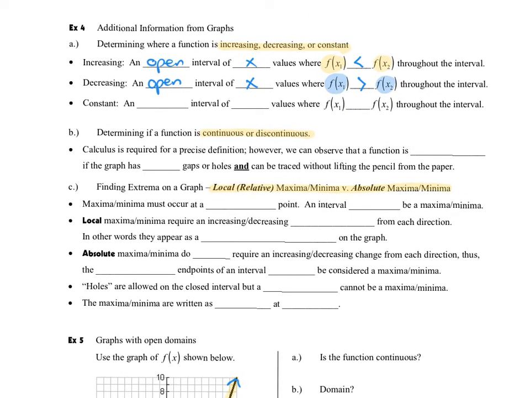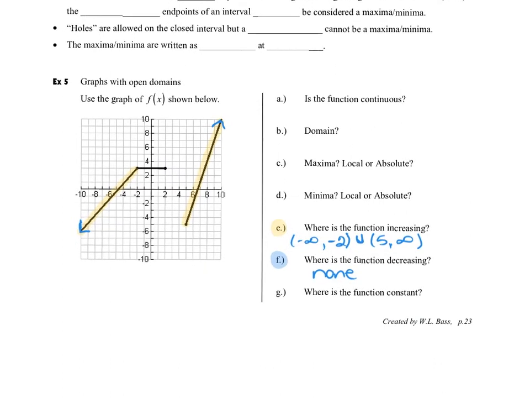Our constant intervals will also be open intervals of x values, but now we're going to look for where the y values remain constant. So f of x sub 1 is going to equal f of x sub 2. Now we're going to be looking for it to remain constant and flat. And I already gave a clue to that when we looked down here below.